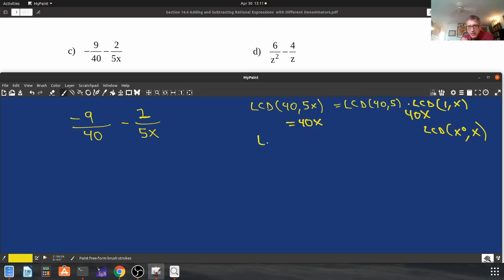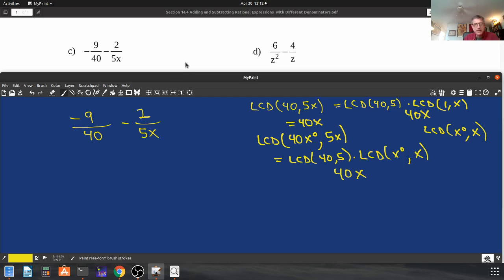So I could have written the LCD of 40 times x to the 0 and 5x, which is the same thing as the LCD of 40 and 5 times the LCD of x to the 0th and x. Remember, that's 1 and x, and there I get 40 times x.